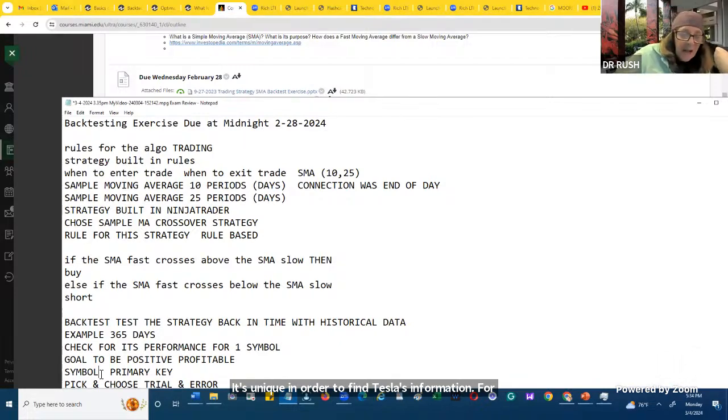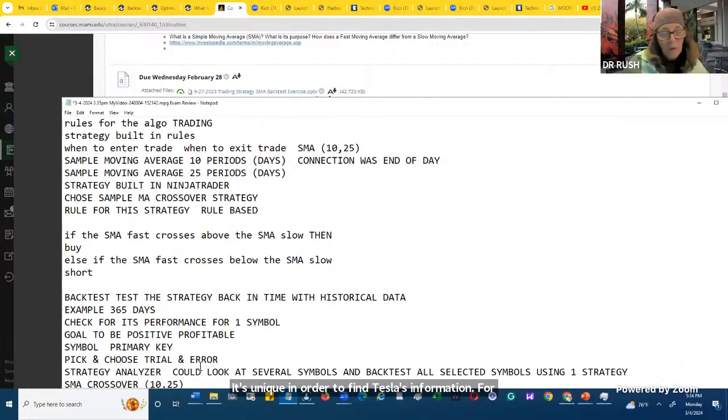So once I had that goal, for our first exercises we picked and chose by trial and error. Then, Audria, I said to you it is not efficient for us as human beings to start picking and choosing thousands of symbols. I don't want to waste my time. I don't want to waste your time. So what we used was the strategy analyzer, and you can put this in your notes.